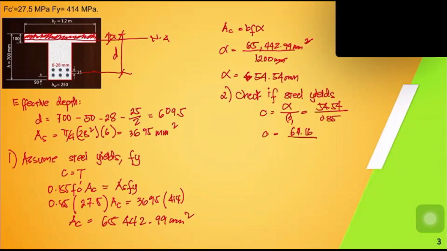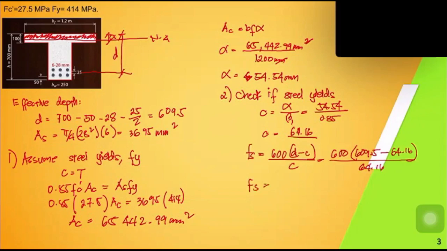So we can now solve for Fs, that is equals to 600 (D minus C) all over C. So 600, what is D? 609.5 less 64.16 all over 64.16.